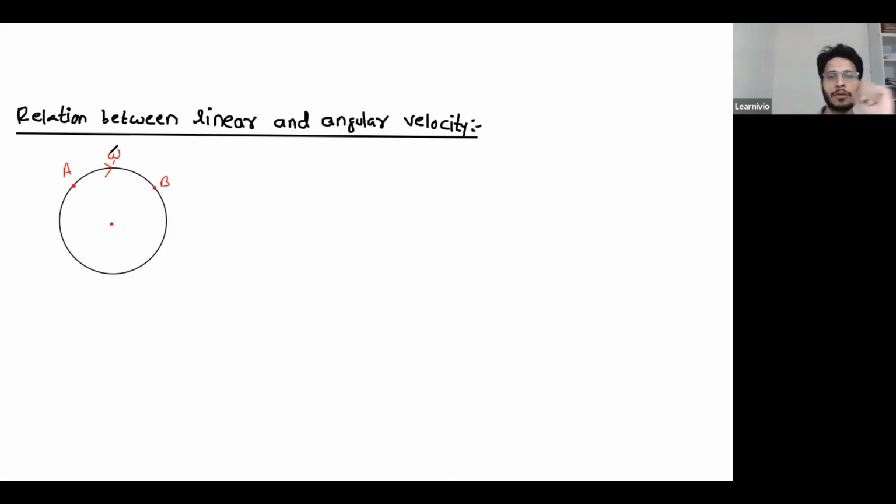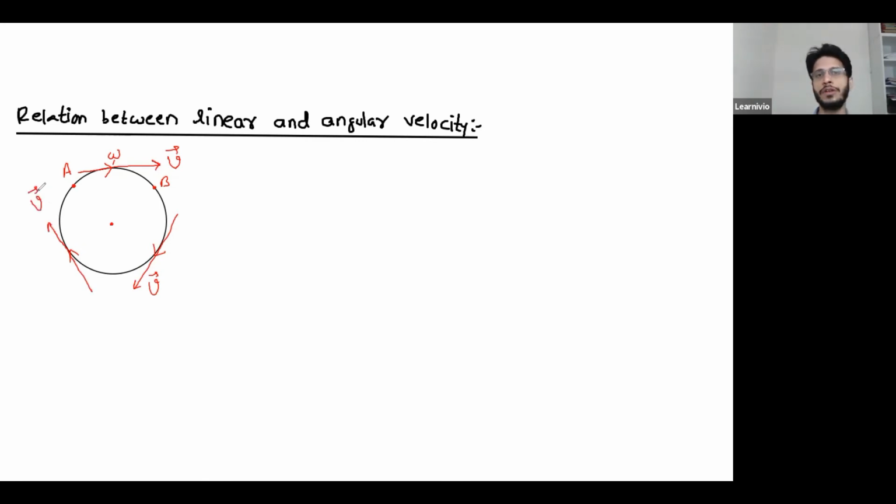Body is moving on the circular track, A to B. Linear displacement was tangential, right? So your linear velocity will again be tangential to the circular track. The direction of linear velocity will always be tangential.